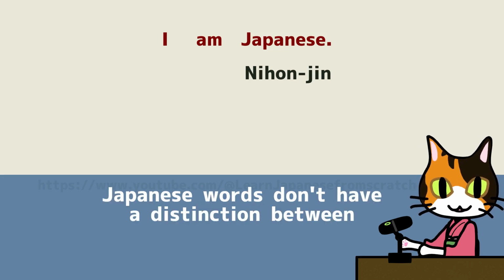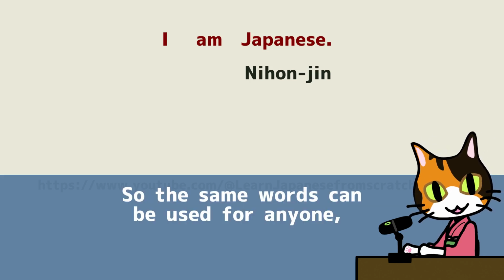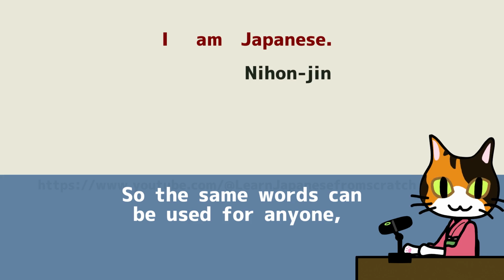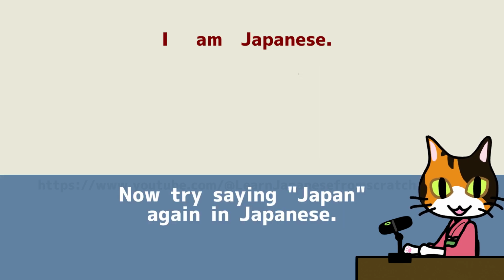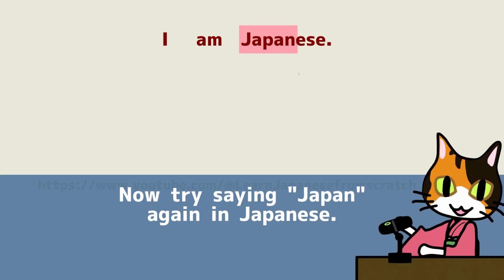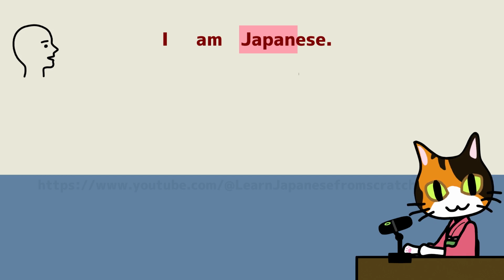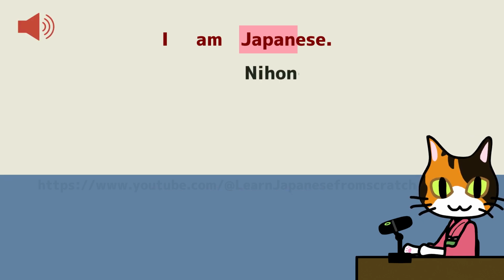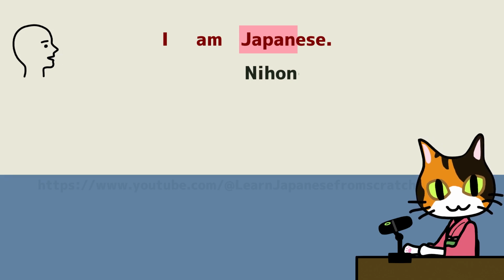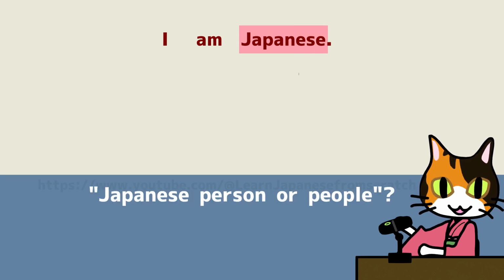Japanese words don't have a distinction between singular and plural, or masculine or feminine. So the same words can be used for anyone, one or more people, male or female. Now try saying Japan again in Japanese. Yes, that's right. 日本。 So how do you say Japanese person or people?